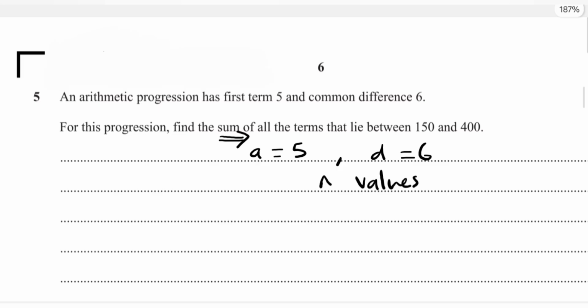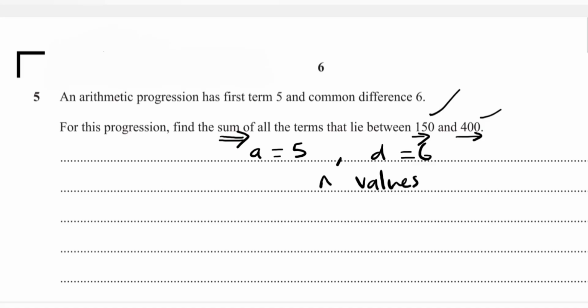And you can also see that we are given these two, right? But we don't know the n values, or the n values that will give us 150 or 400. So we need to get those n values first. Then we can work through it backwards from the sums going down, right? So we need to first get the n value that gives us 150, right?